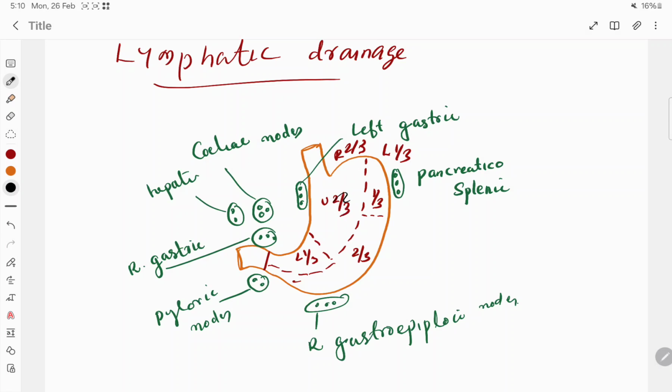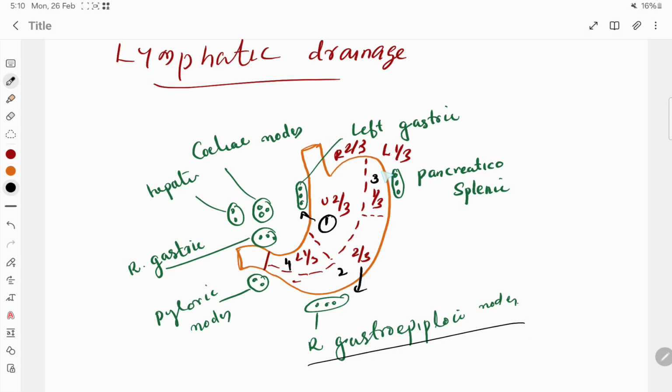We can name these regions. This is area number 1, this is area number 2, this is area number 3, and here we have area number 4. Area 1, the upper two-third of the right two-third, drains into the left gastric nodes. Area 2, the lower two-third of the left one-third, drains into the right gastroepiploic nodes.